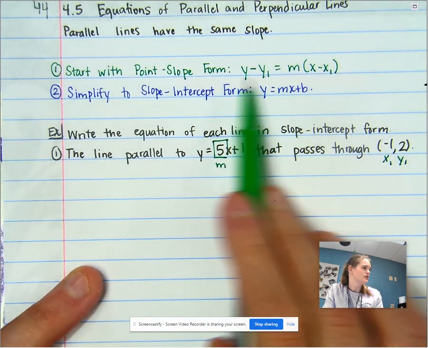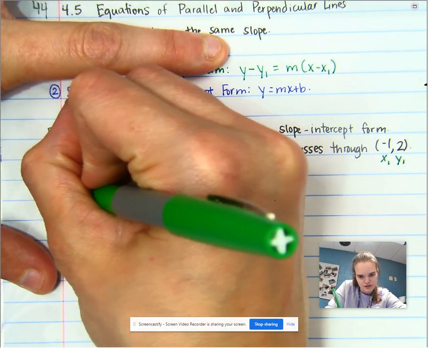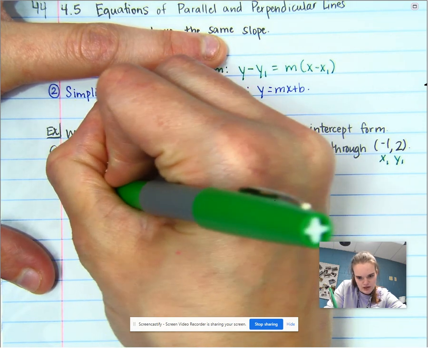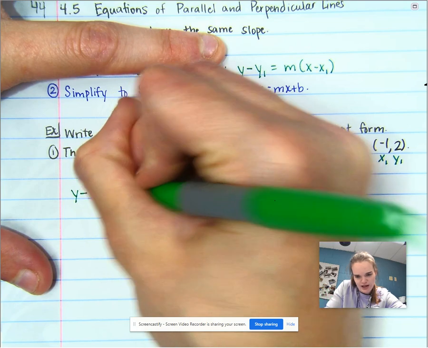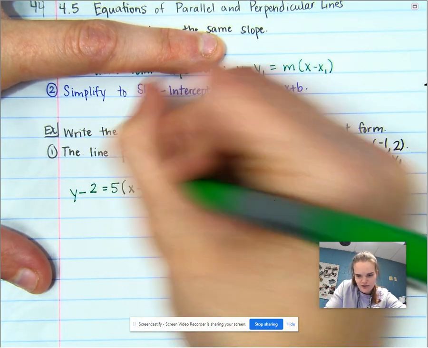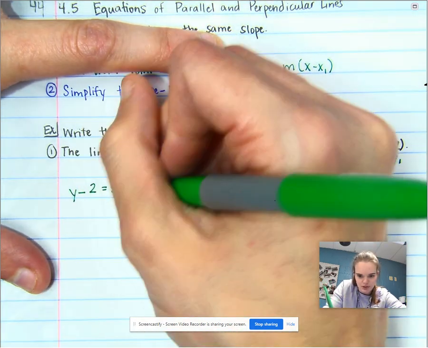We are going to plug those into this formula. So the formula is y minus 2 equals the slope of 5 times x minus -1. So instead of putting x minus -1, we're going to put plus 1.